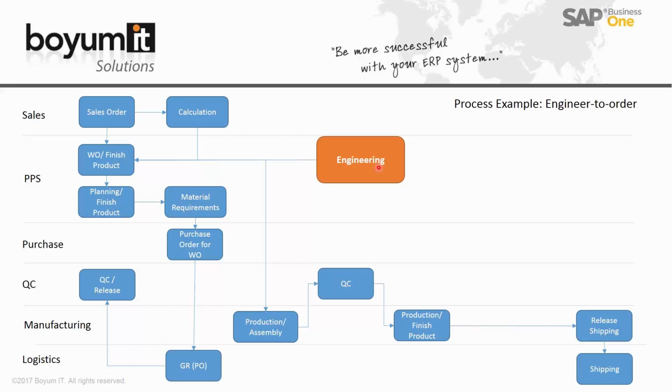You use maybe a data integration hub, and you can change your production afterwards, or you can change your existing work order for the finished product and make an update to the existing production. This can be a typical engineer-to-order process. It looks, of course, different to example 1 or 2.